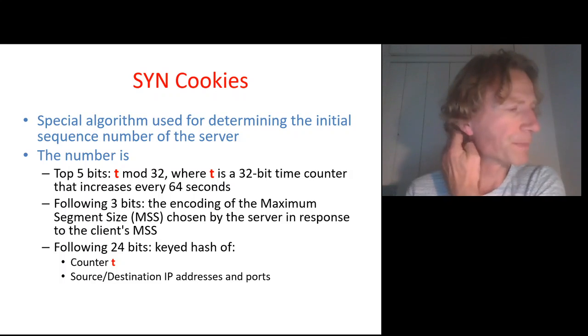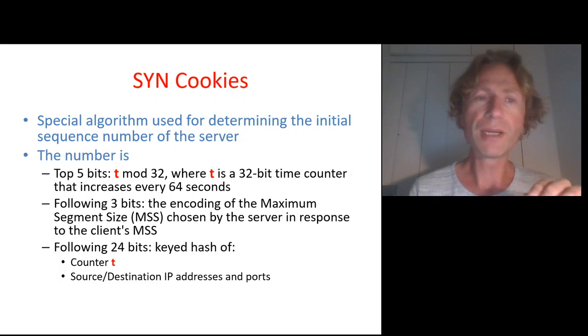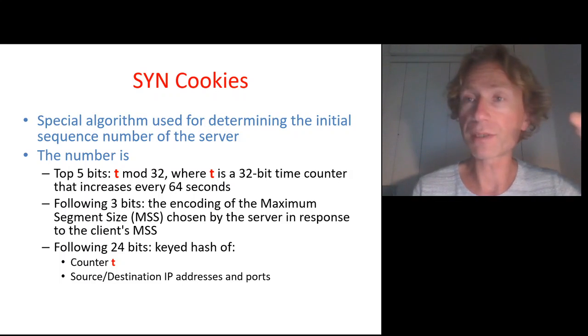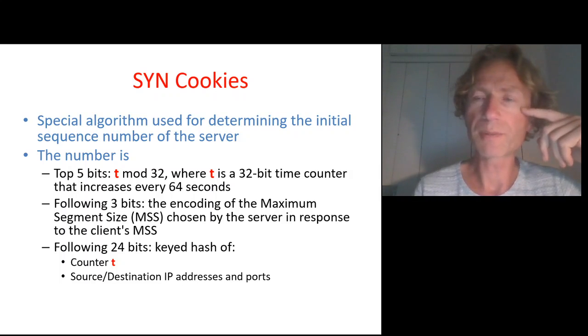So 5 bits for the counter. Then there are 3 bits that encode the maximum segment size. Normally the maximum segment size can be anything, so it could be an arbitrary value, but now we only have 3 bits to encode it.